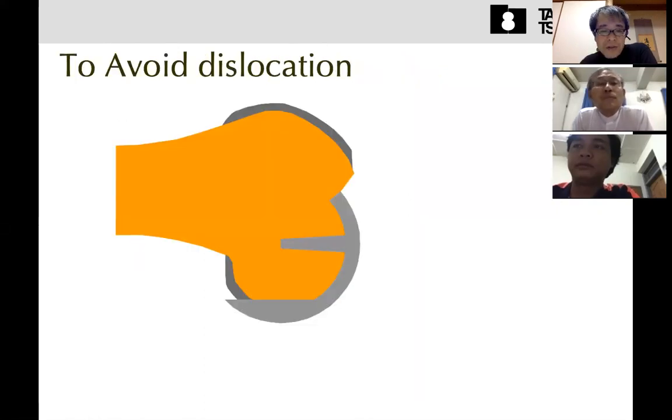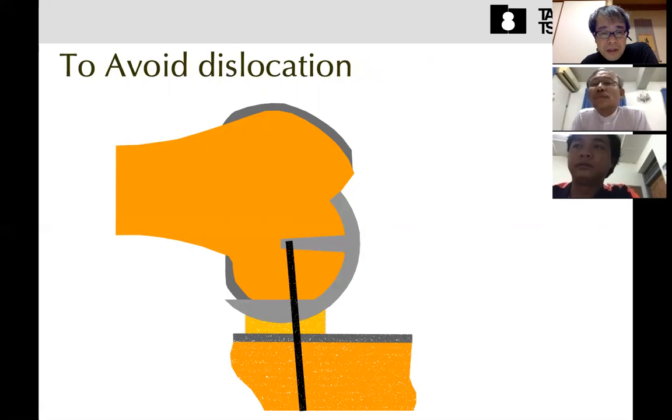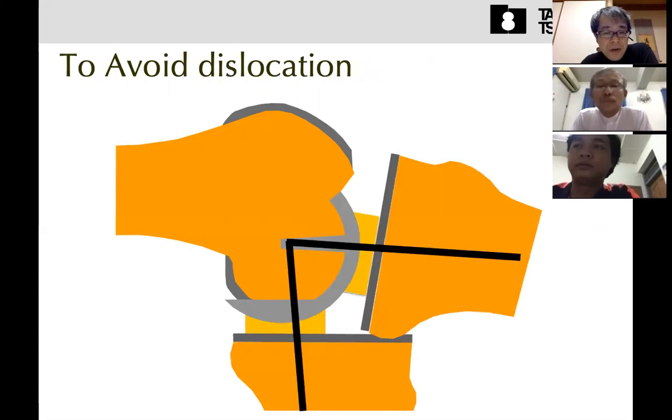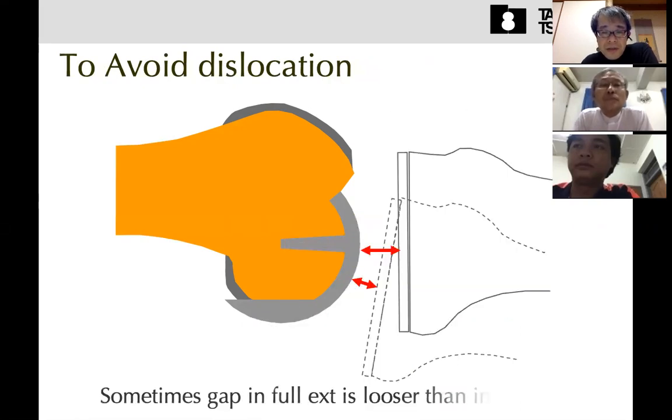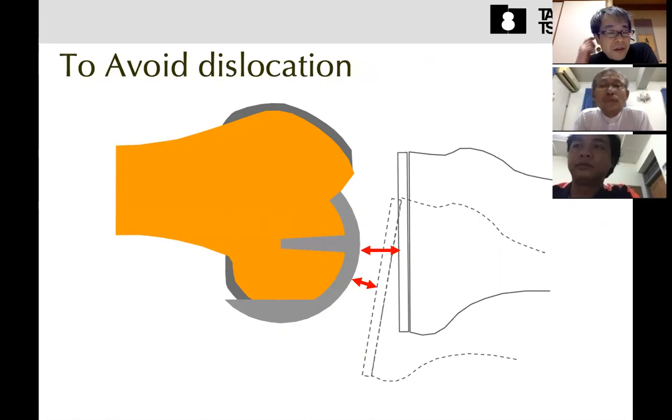To avoid dislocation, it is really important to adjust the gap between flexion and extension. In the Oxford manual, the extension gap should be evaluated at 20 degrees of flexion, because in full extension the posterior capsule will be tight and shorten the extension gap.